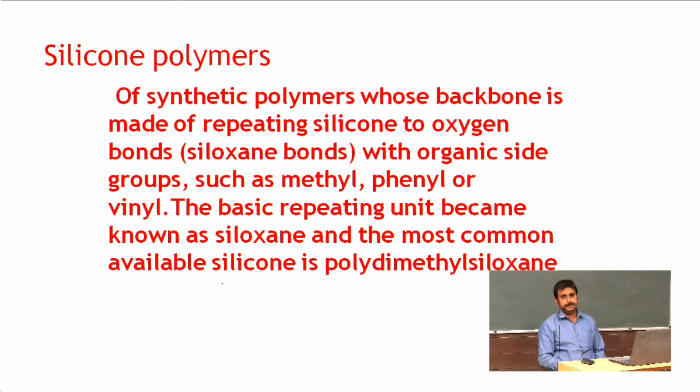The basic repeating unit is known as siloxane, and the most common, which I have already explained to you, is polydimethylsiloxane, commonly known as silicone rubber. So every silicone polymer has a basic backbone which contains bonding of silicon and oxygen as a repeated unit.